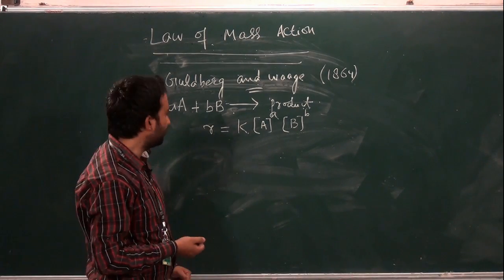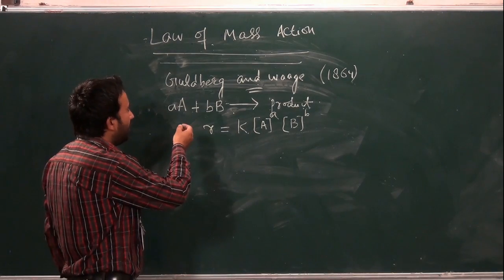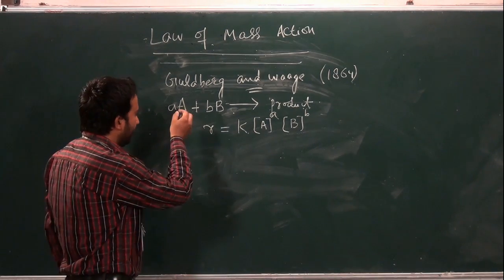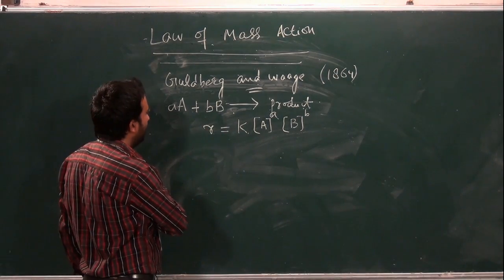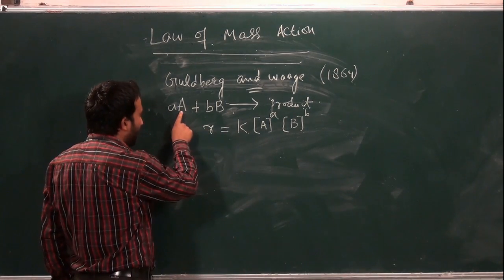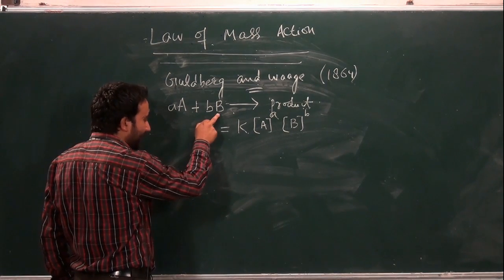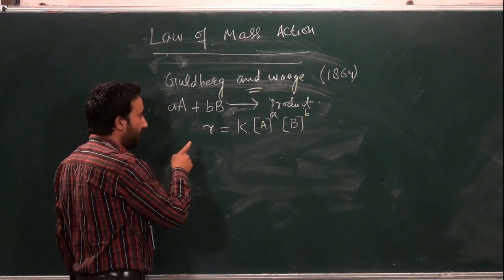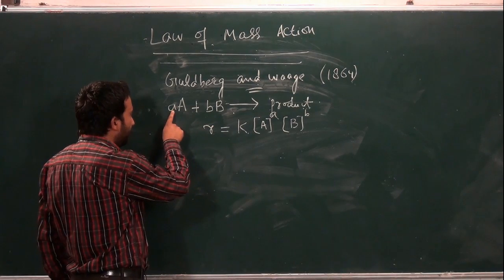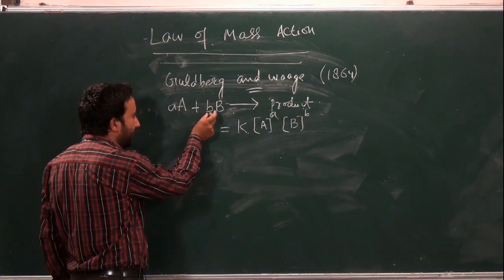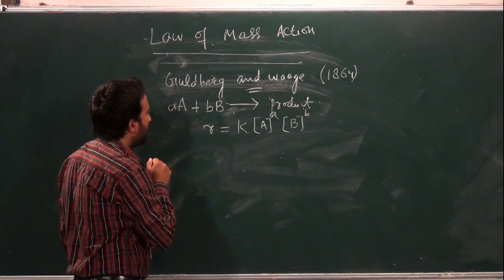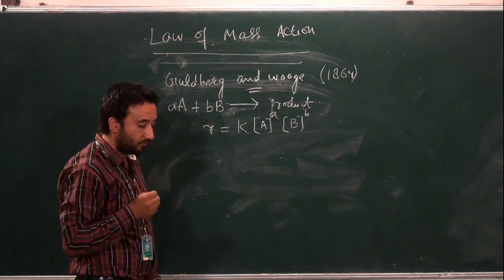I will repeat. According to the law of mass action, the rate of reaction is directly proportional to the product of the concentrations of the reactants raised to power the number of molecules of the respective reactants, here A and here B, in the given reaction.